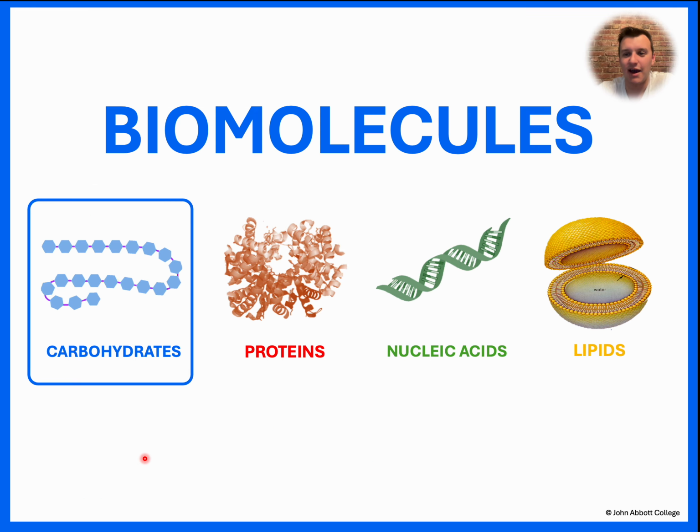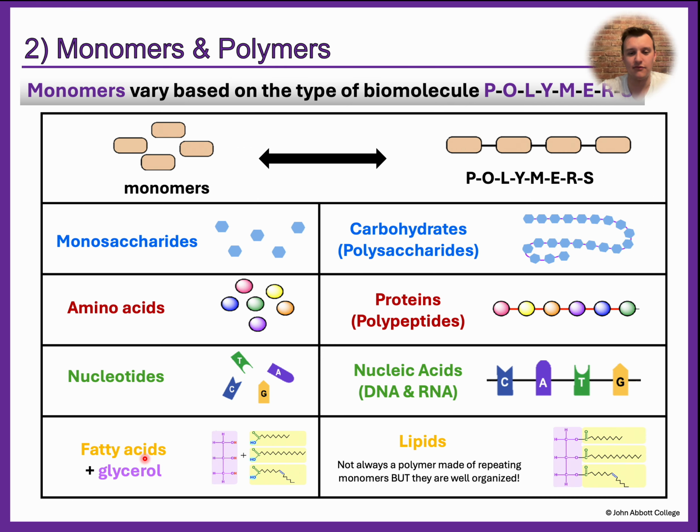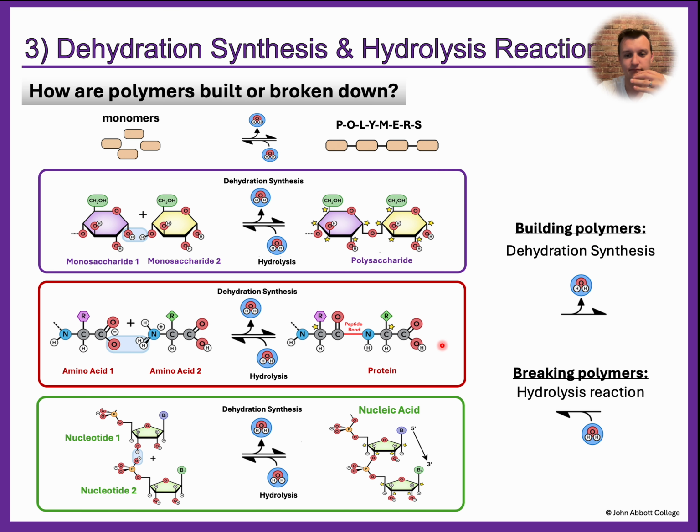All right, so now we start our journey. This is a general concept. First of all, what I want you to get from this is to remember that for each of these biomolecules, there's separate monomers. And for each of these biomolecules, there's different names for the polymers, depending on what biomolecule it is, right? We're going to need to know that going forward. So this is a good slide to look at.